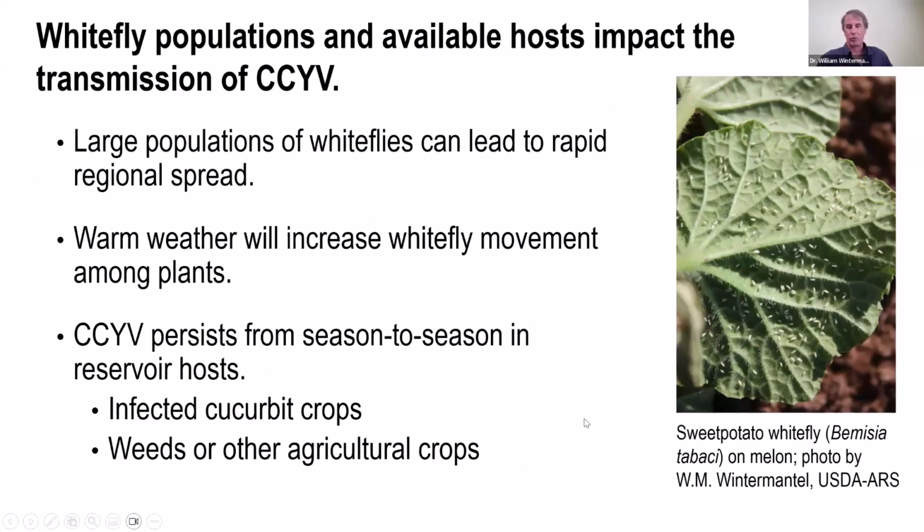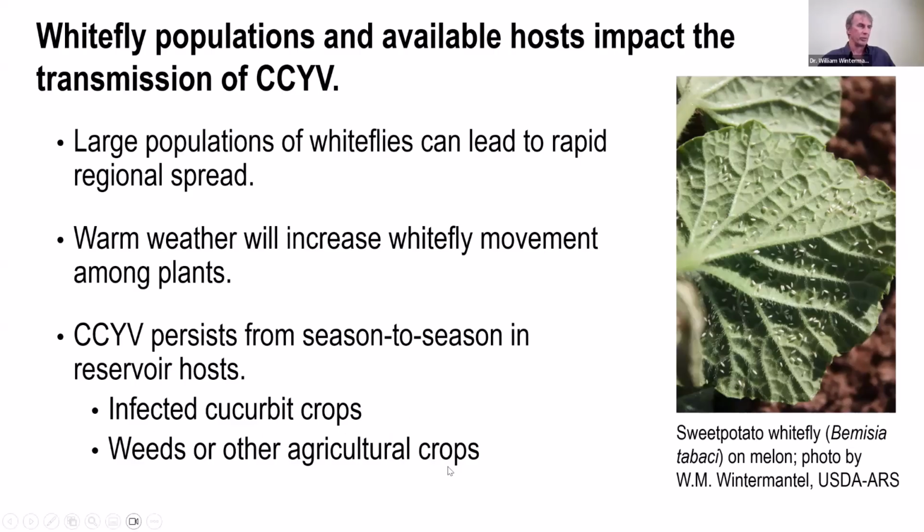The larger the population of whitefly, the greater the issue in the field. If you introduce this virus into an area with high whitefly populations, it will infect plants at a very young age. Warm weather increases whitefly movement and dispersal of the virus within a region.